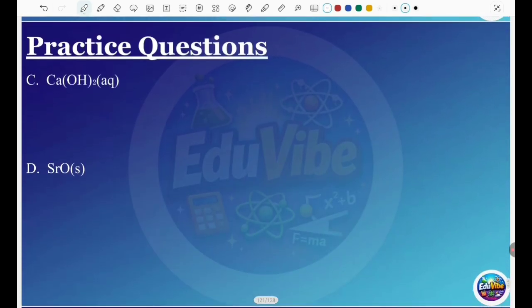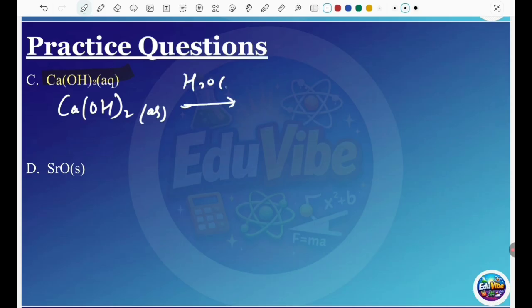Next part we have Ca(OH)2 aqueous. So Ca(OH)2 again, same as KOH. This is in aqueous. Go with water liquid, you will get Ca2+ aqueous plus 2OH- aqueous. Simple equation.